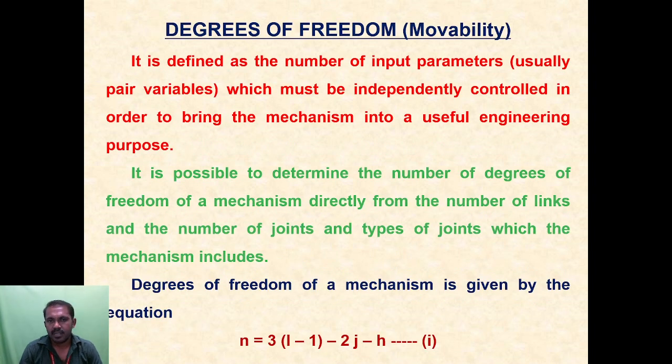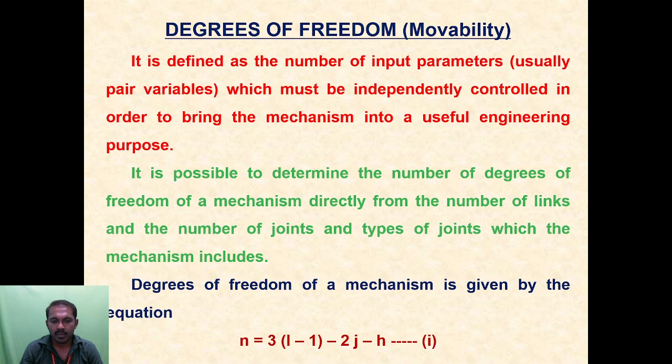The degree of freedom is a very important concept. Degree of freedom is the number of input parameters which must be independently controlled in order to bring the mechanism into a useful engineering purpose. It is an independent variable, and it is possible to determine the number of degrees of freedom of a mechanism directly from the number of links, the number of joints and the type of joints which the mechanism includes.